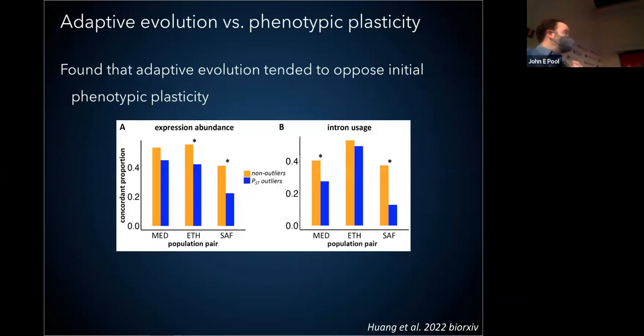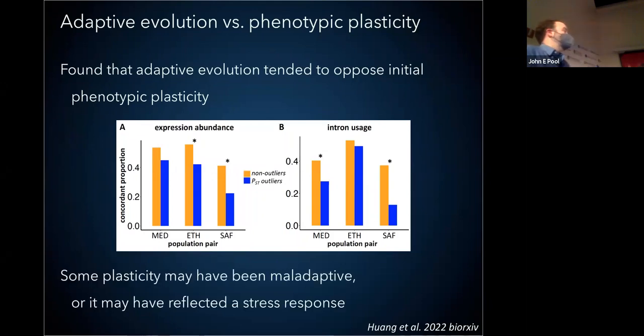And the very consistent pattern we found in that regard is that adaptive evolution tended to oppose the initial phenotypic plasticity. This was true, to some degree in all three populations for both expression and splicing, although just 2 out of 3 pairs were significant in each case. And so there are a couple of possible explanations for this. To some extent, adaptive evolution may be correcting plasticity, which was maladaptive in the first place.